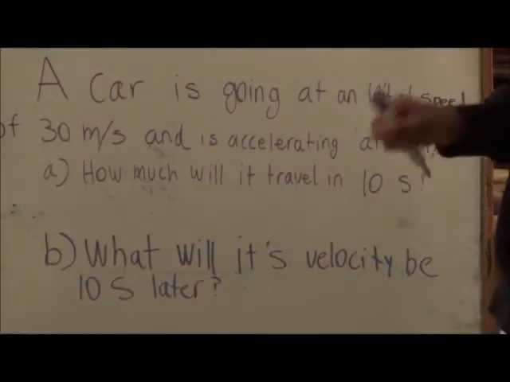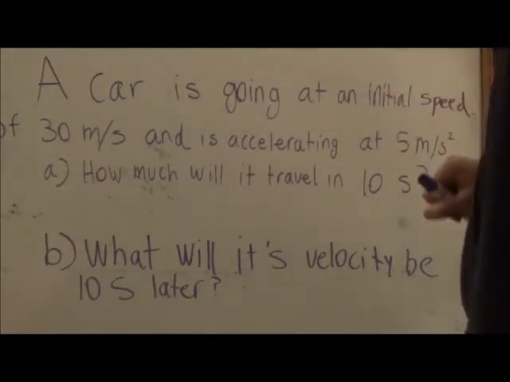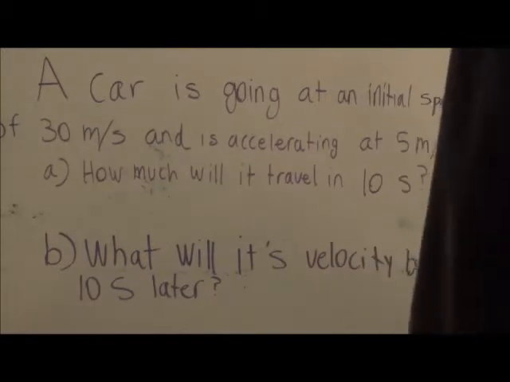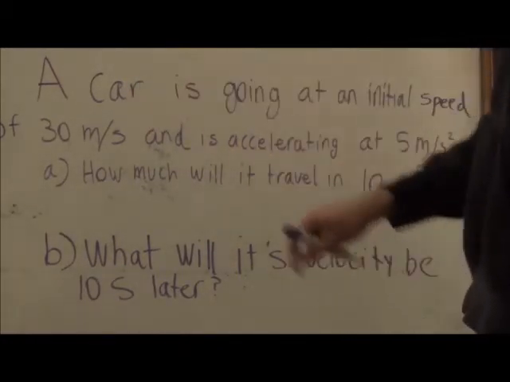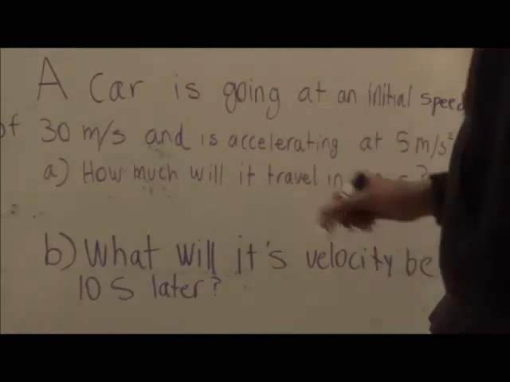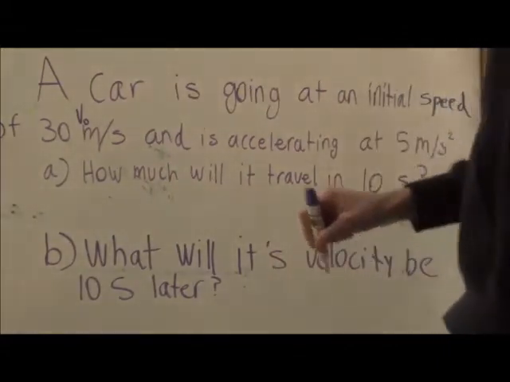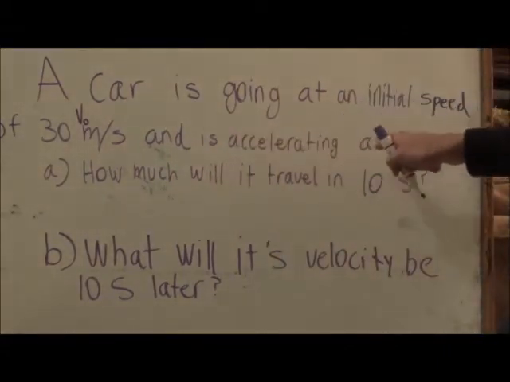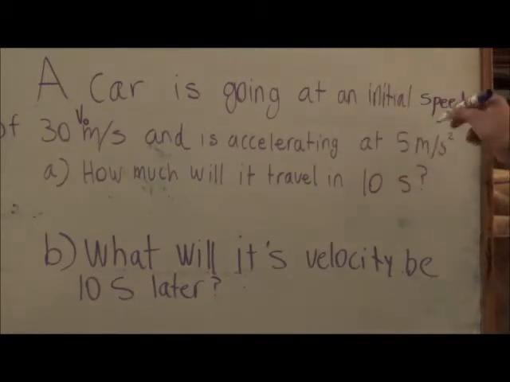Okay, now let's solve part A. Let's see what's given in the question. A car is going at an initial speed of 30 meters per second, so I'm going to write VO at the top. It is accelerating at 5 meters per second squared, so that's the acceleration.